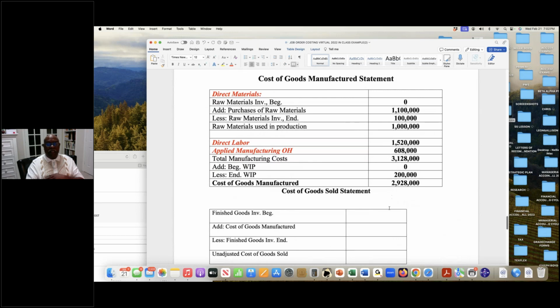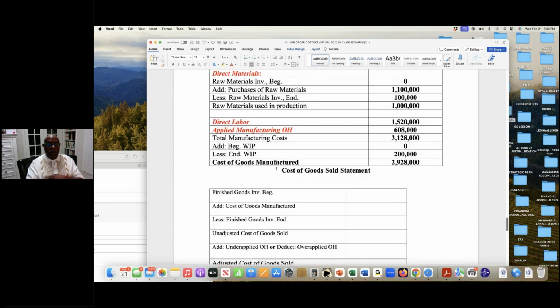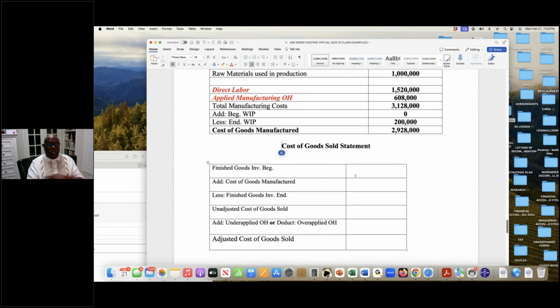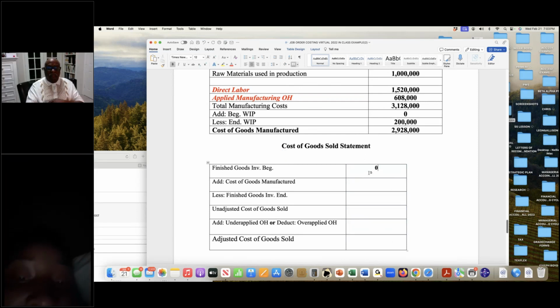Now let's go to our cost of goods sold statement. A simple statement, finished goods inventory beginning. We didn't have any beginning inventory in our finished goods, so it was 0.